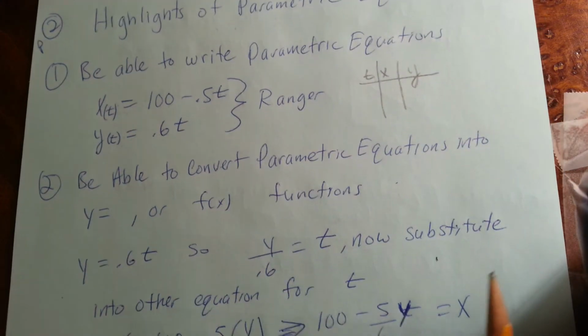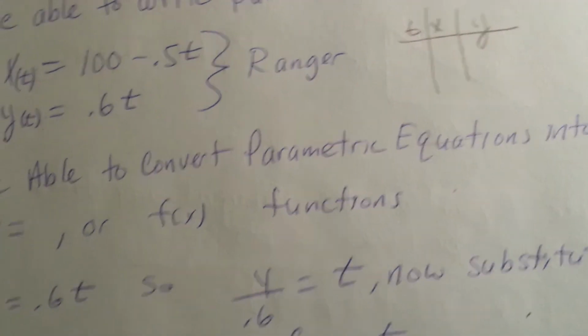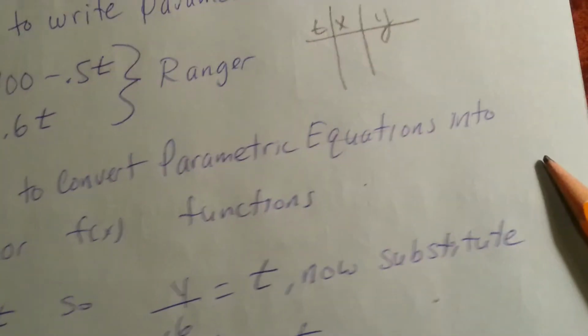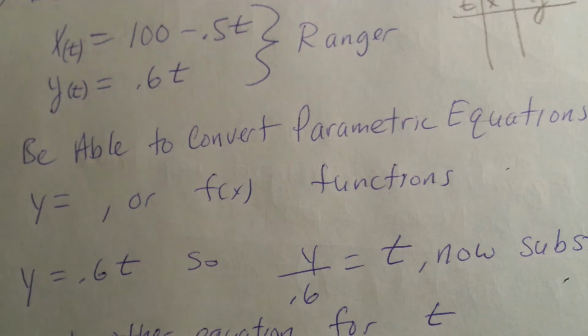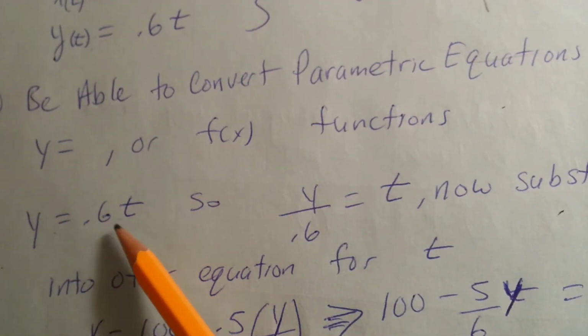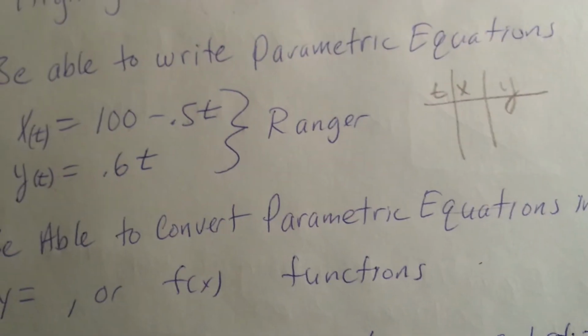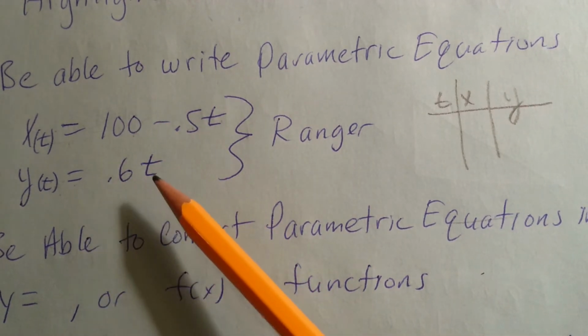All right, you need to be able to convert parametric equations into y equals types of functions, so y equals some function of x, right? Here's an example with the ranger: y equals 0.6t. I need to convert this whole parametric equation into y equals some form of x, okay?